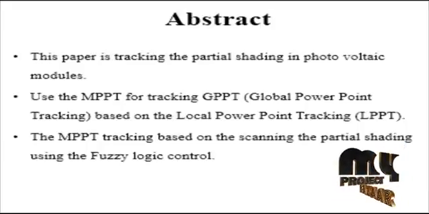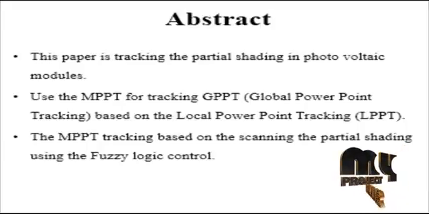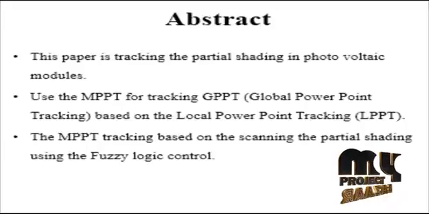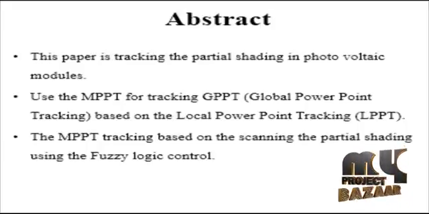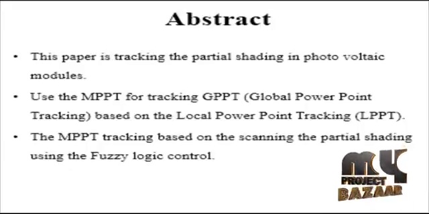In this paper, a new method has been presented to track the global maximum power point of PV. Compared with the past proposed global MPPT techniques, the method proposed in this paper has the advantage of determining whether partial shading is present, calculating the number of peaks and PV curves, and predicting the locations of the GMPP and LMPP.